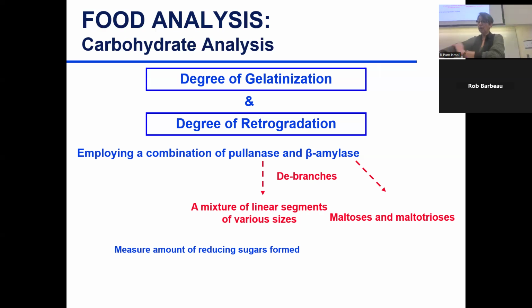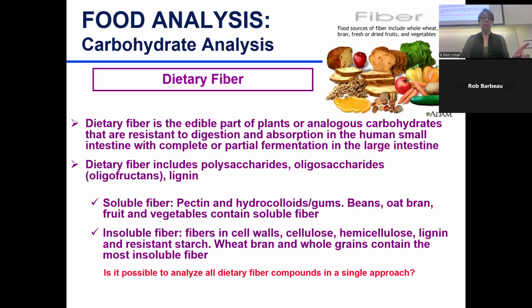Okay. So I'll introduce dietary fiber and then we'll finish it next on Wednesday. By definition, dietary fiber is the components of the food that we consume that we cannot digest. So plant material that we cannot digest.